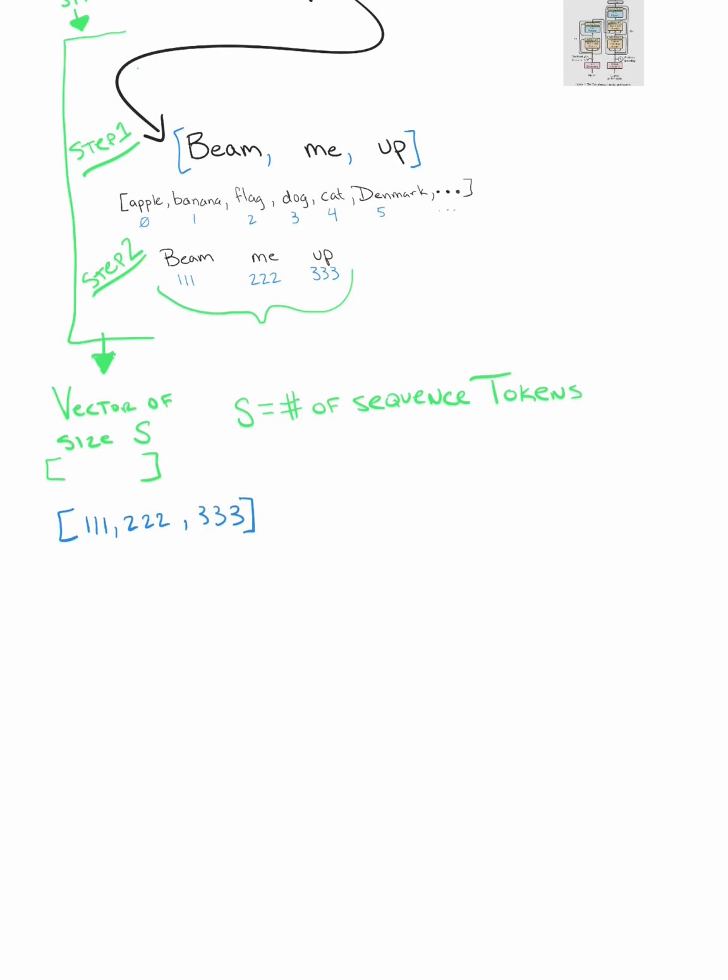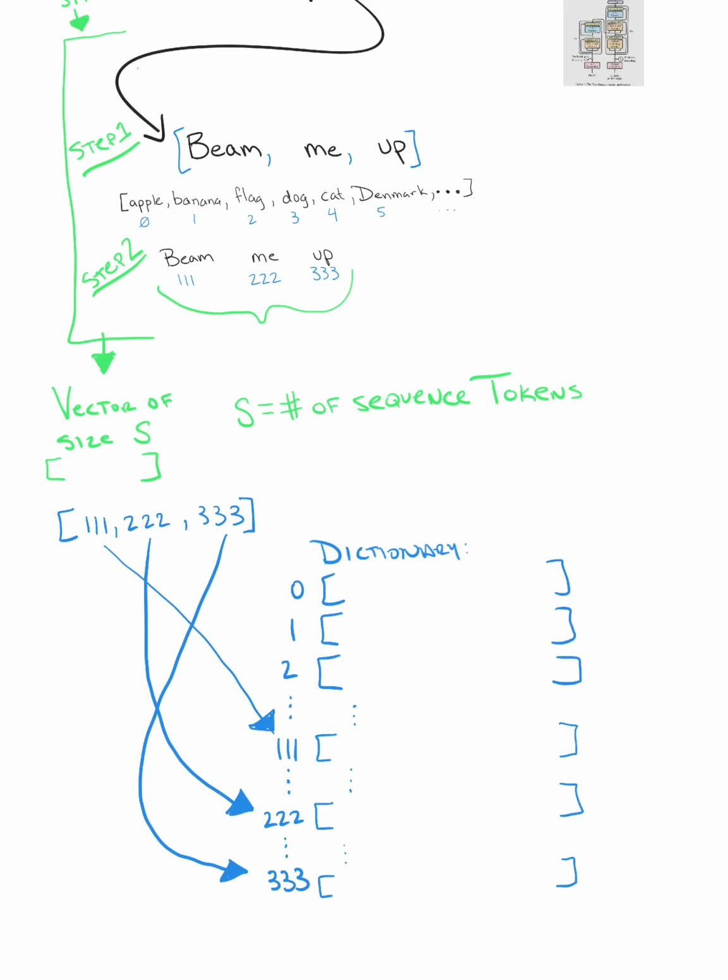Now, we send this vector to our embedding layer. Not unlike our tokenizer, our embedding layer also has a dictionary of sorts, except now that dictionary is in the form of a matrix, and we are mapping these input indices to their respective row vectors. Each of these row vectors is a representation of the original index in a higher dimensional space.